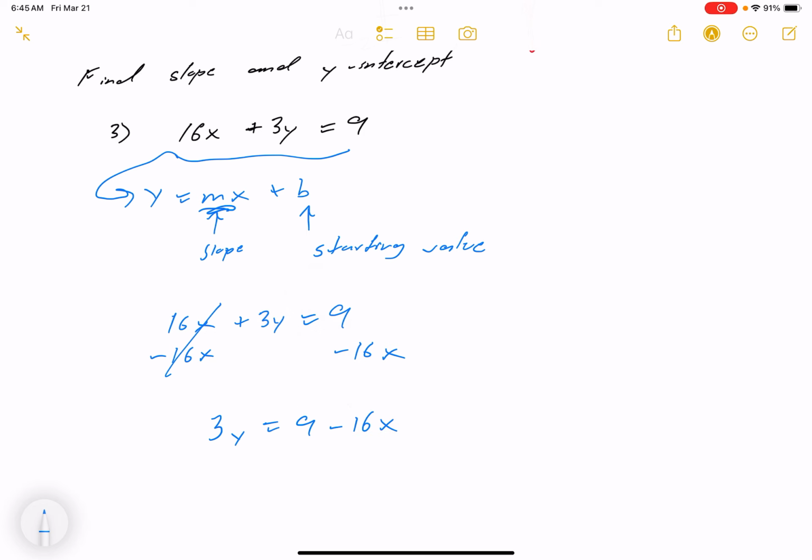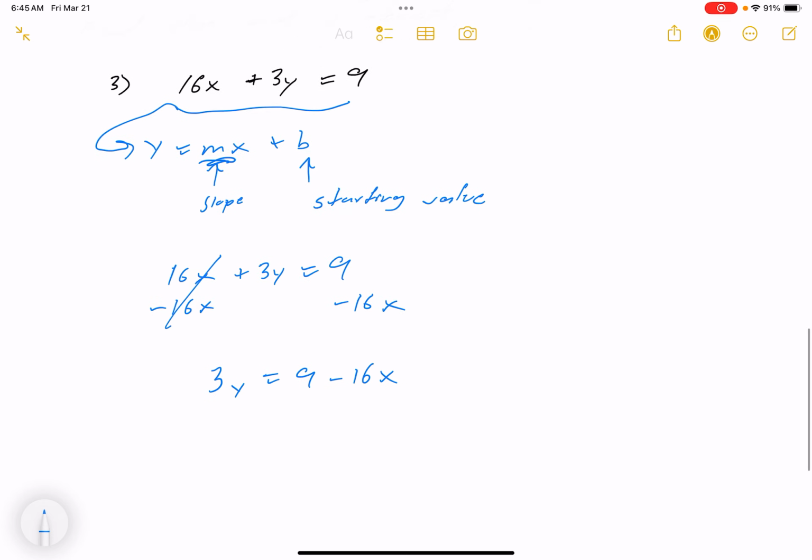Now we want to leave y by itself, and the way we do that is to divide by 3 on both sides. So that gives us y equals 9 divided by 3, that's 3, minus 16 divided by 3. You want to leave it like that.